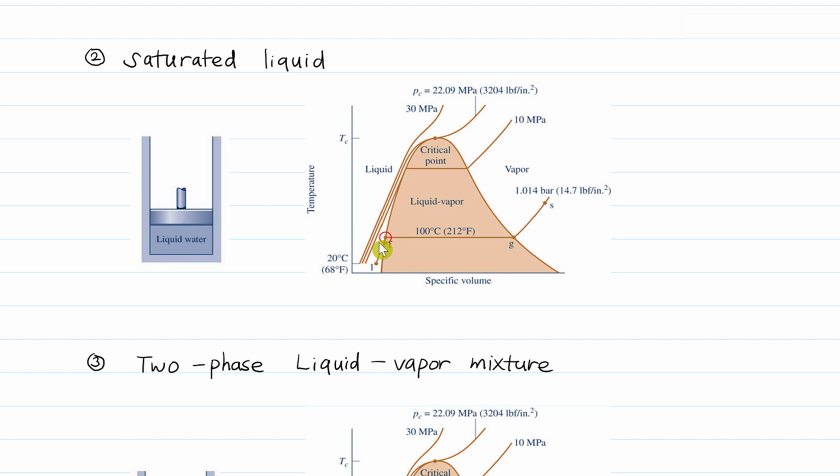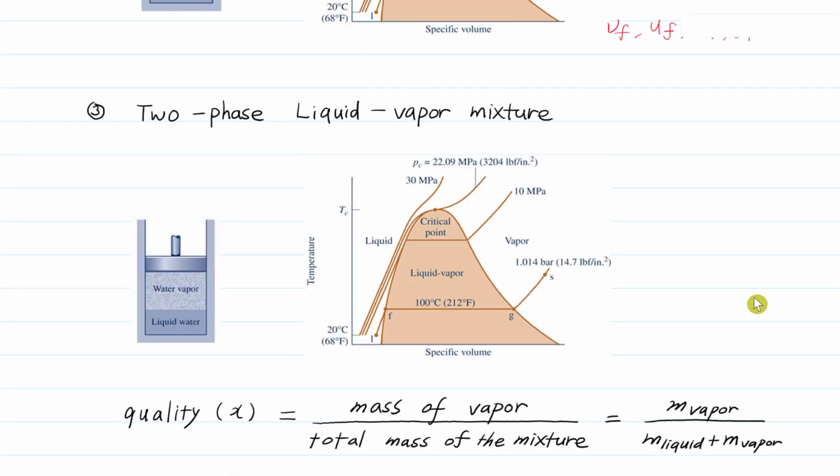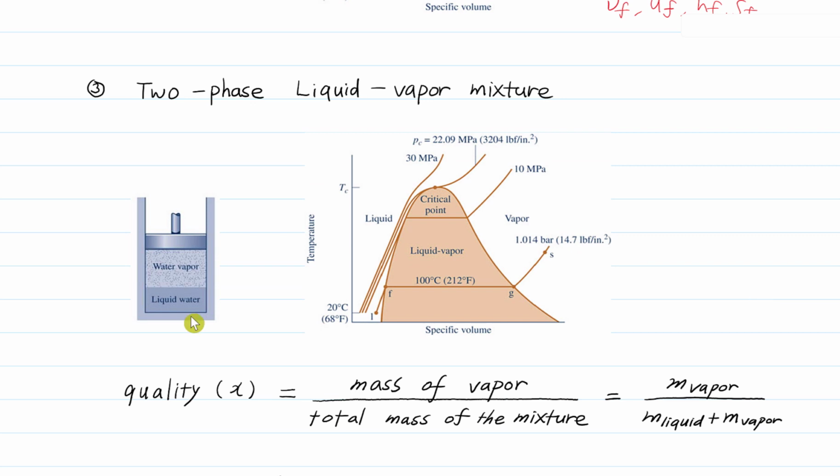For example, vf denotes specific volume at the saturated liquid state. uf, hf, or sf: internal energy, enthalpy, entropy at the saturated liquid state. If the system is heated further, the amount of vapor increases in the mixture.